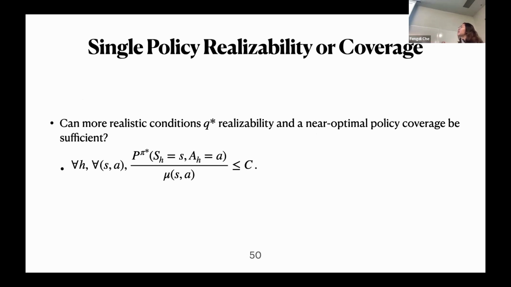People think maybe we should only think about Q star realizability. And also for all policy coverage, people think maybe we just cover the near optimal policy, which is only for some policy pi star, which is near optimal. Let's just say our generating distribution has a good probability of covering data reachable by this pi star policy only.